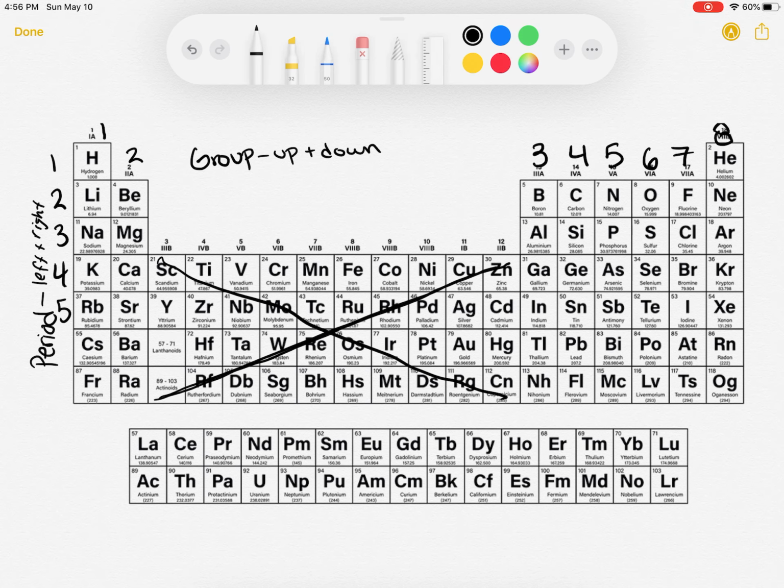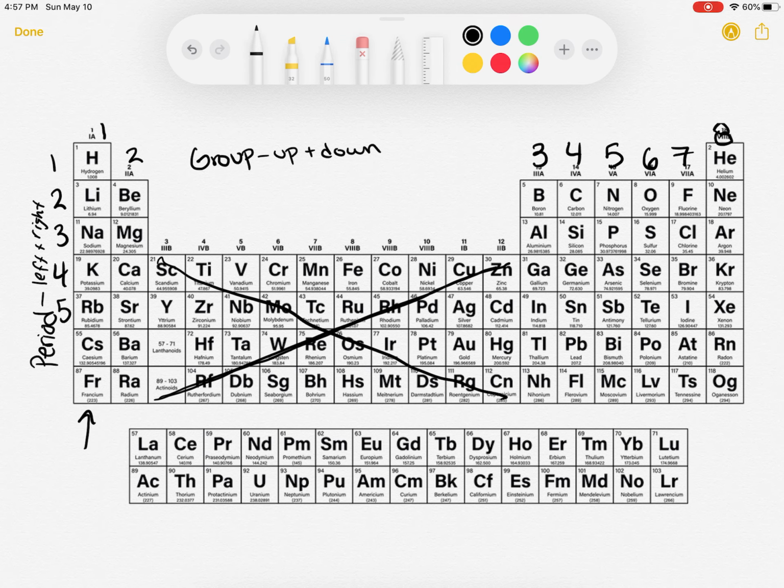How can this help us determine valence electrons? Well, it actually makes it really easy. Because if you picked an element on the periodic table, let's pick carbon, for example, since it's in group 4 right here, that gives us the answer on how many valence electrons it has. If carbon is in group 4, then that means it has 4 valence electrons. This works with every single group.